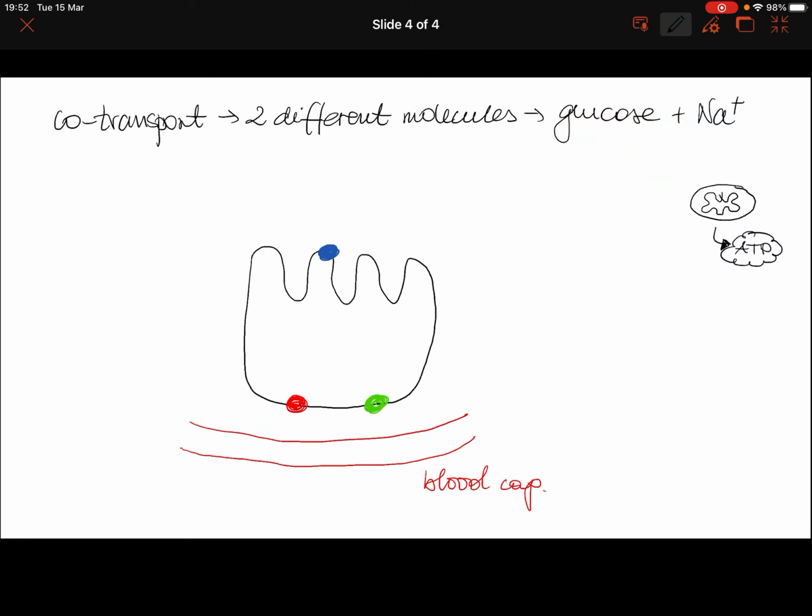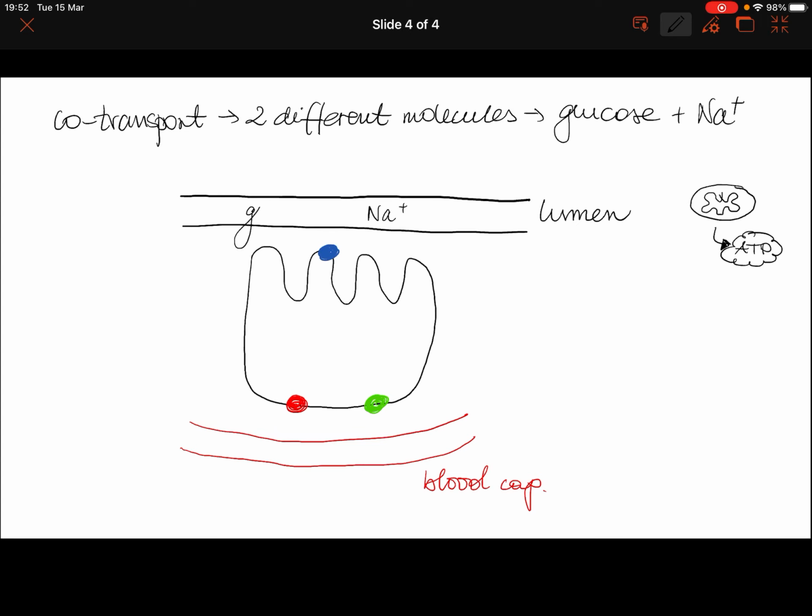And here I'm going to draw the lumen of the epithelial cell. Okay, in the lumen we can find sodium ions and glucose, which we want to obviously transport into the blood capillary for the absorption.